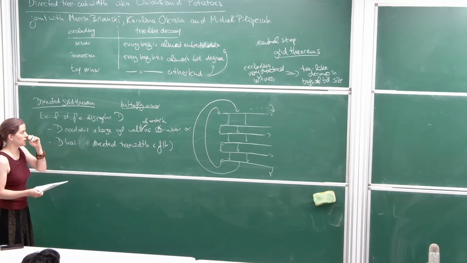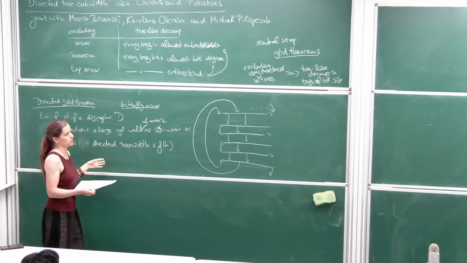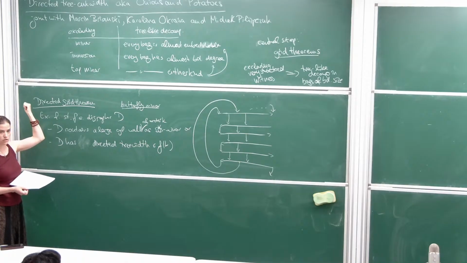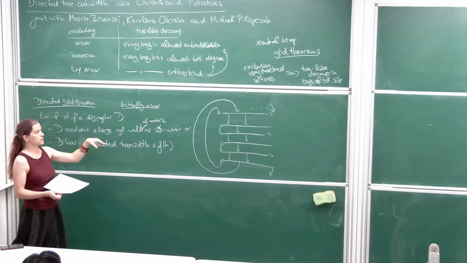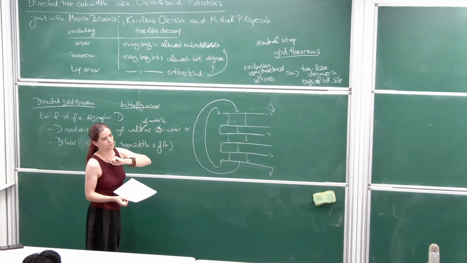It turns out that cylindrical walls are also the right obstruction for our width measure. So the directed tree-cutwidth is also forced to be large by this same class of graphs, cylindrical walls.